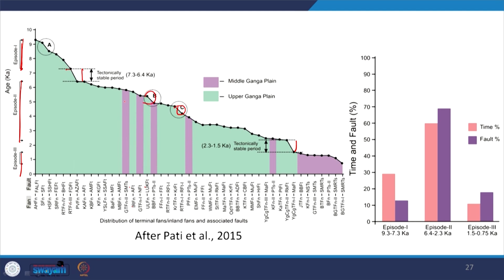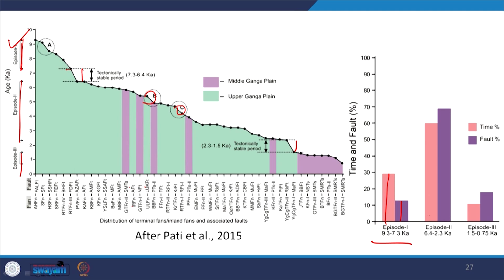So, here if we arrange those in graphical format, we can say in episode 1 we have time percentage more, fault percentage less. That means in more time there were fewer faults, so the rate of tectonic activity was less.